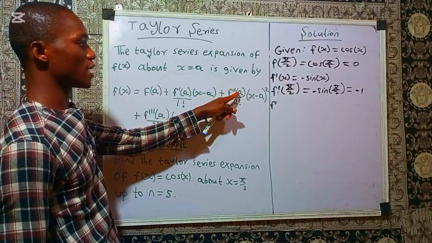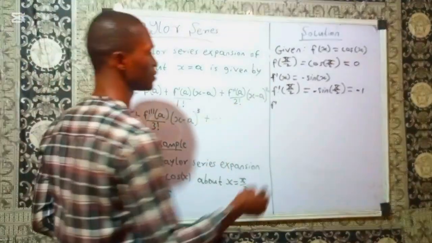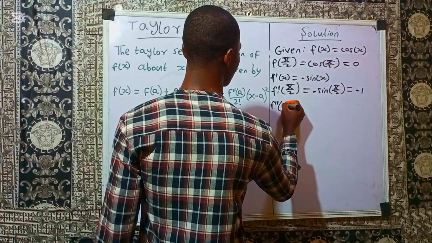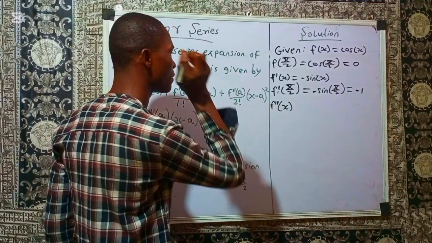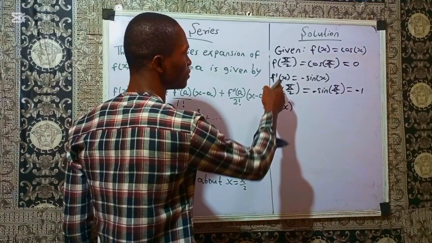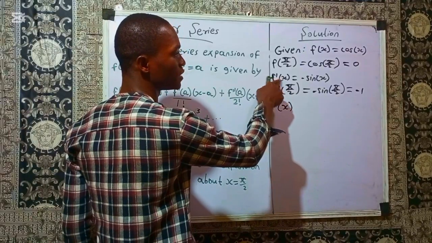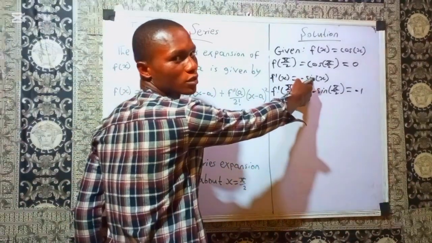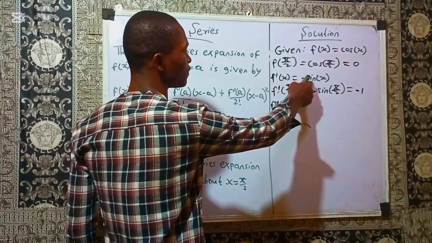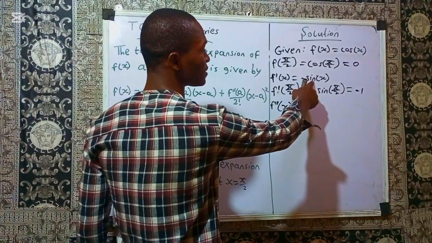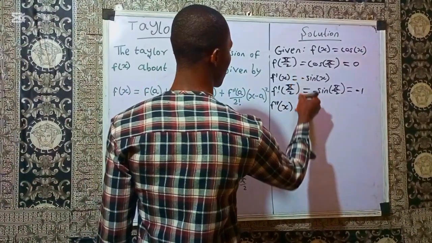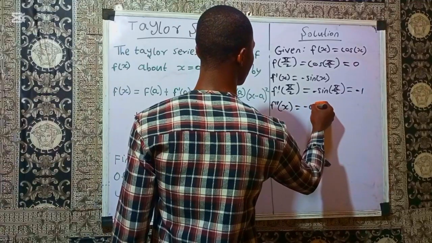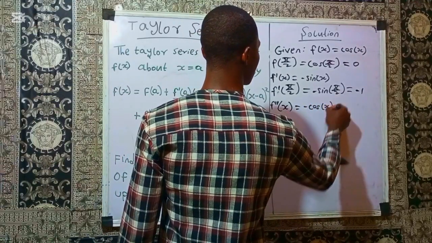We need to get the second one, f double prime at a, right? So let's get the second derivative, f double prime of x. This first derivative, you differentiate it again to get the second derivative. So if you differentiate negative sine, you have positive cosine, but since we have negative here, our answer will be negative cosine of x.